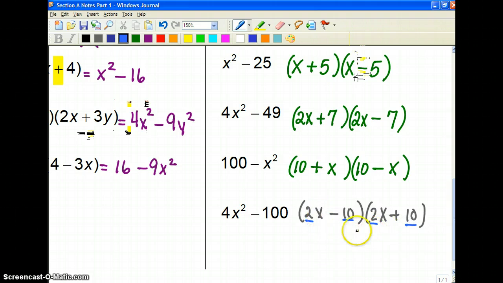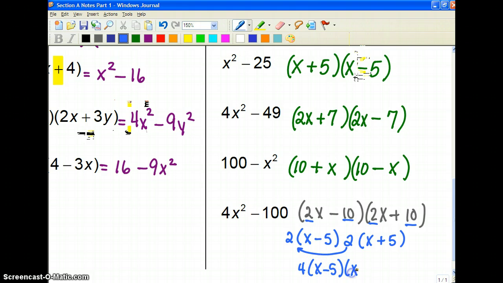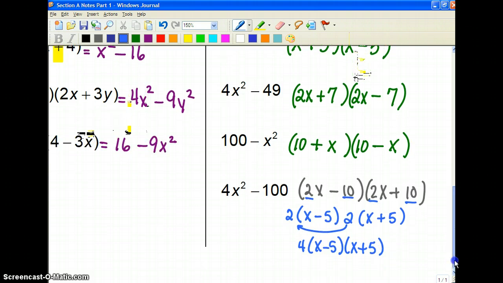Most people will not check that at the end. So at this point you could say, well, take the 2 out and you'll get x minus 5. Take the 2 out and you'll get x plus 5. Put this 2 up front and you'll get 4 times x minus 5 times x plus 5. And that works perfectly fine.